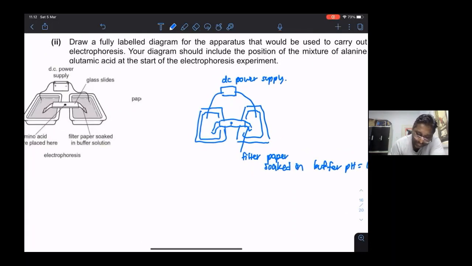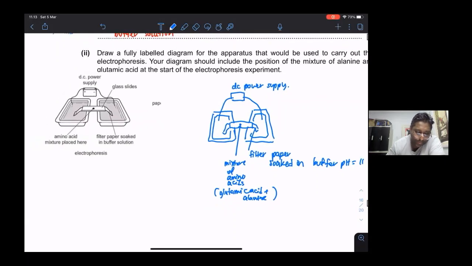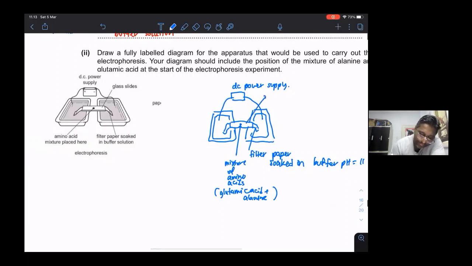So you just need to label it, mixture of amino acid. So it's going to be glutamic acid and alanine. Okay, then here you just put the glass slide.